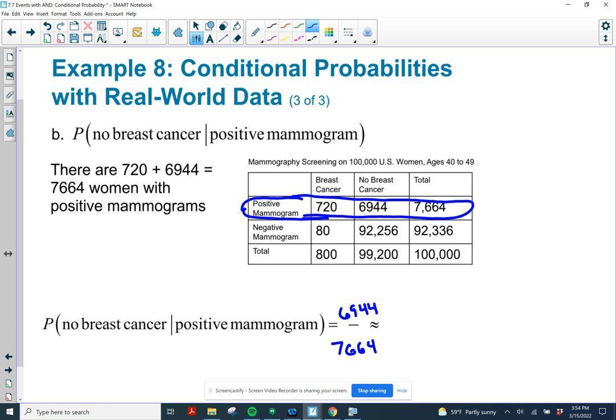Let's grab our calculator and come up with a decimal answer. 6,944 divided by 7,664 is 0.906 when we round to 3 decimal places. So a little higher than 90%. And that is the end of our video.